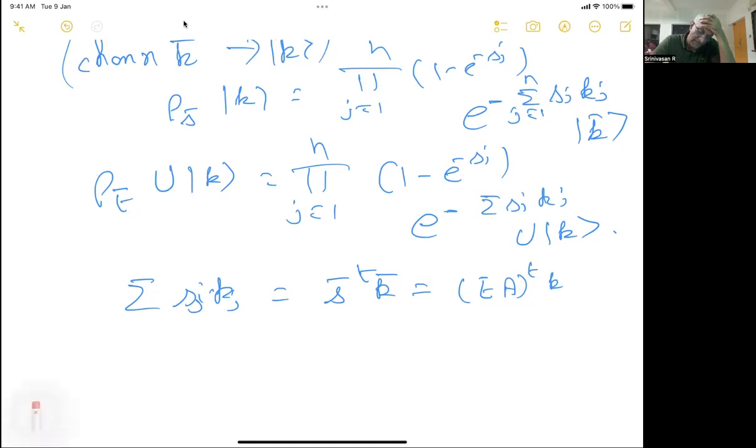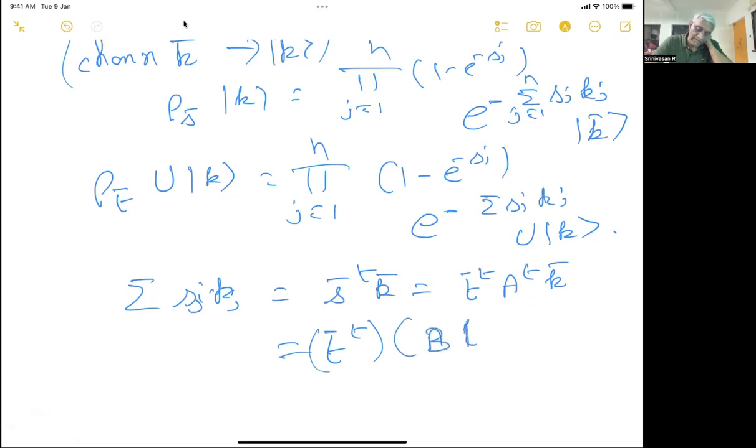No, it's the other way. T bar transpose, A transpose K bar, okay, which you can write as T bar transpose times B acting on K, right?